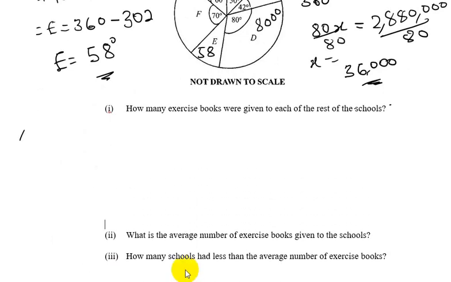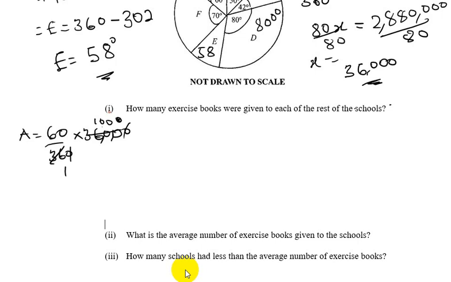So we'll pick A. A is 60 on 360 times 36,000. So 0 cancels 0. 36 goes here 1, it goes here 100.